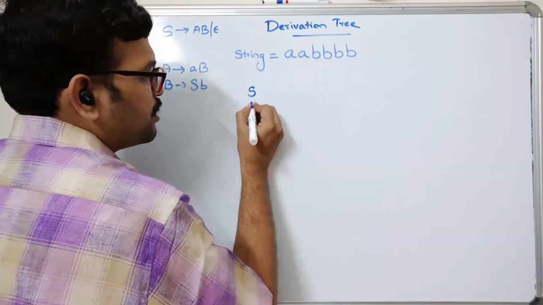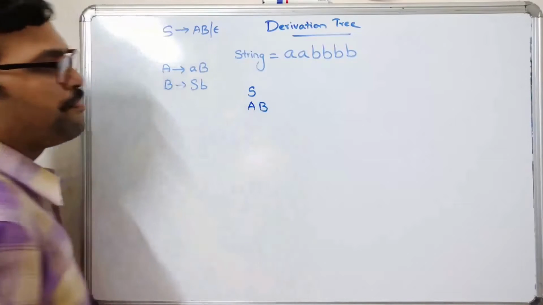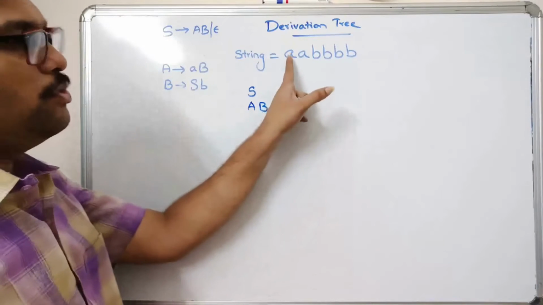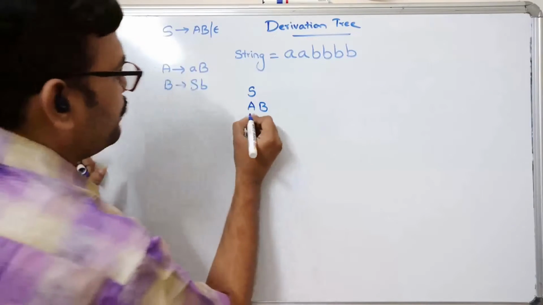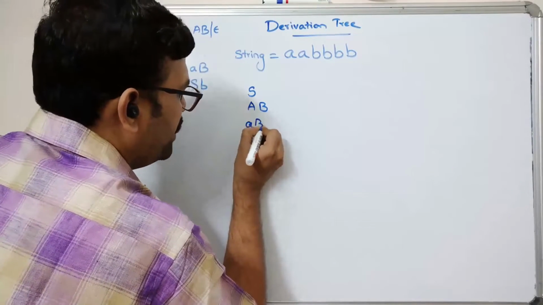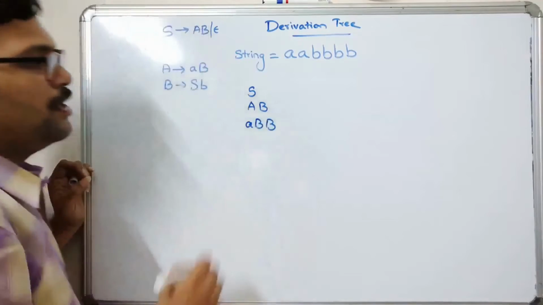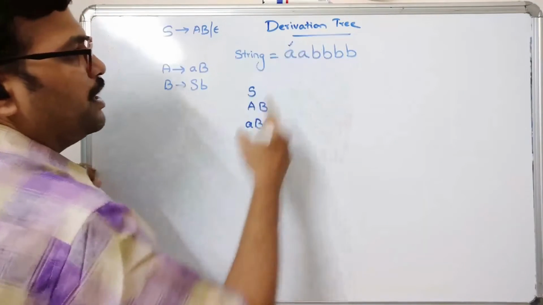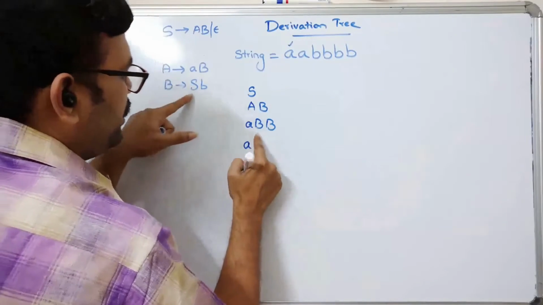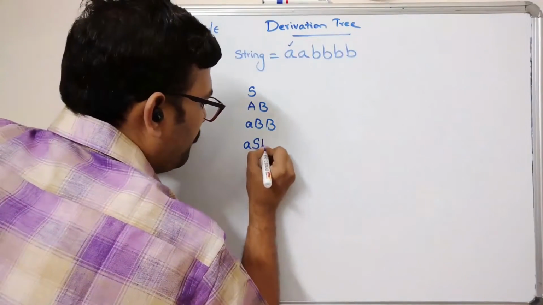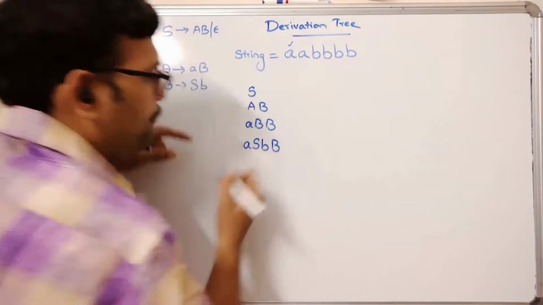So I will just write A, B. Now first we need to get the terminal a. In order to get the terminal, A can be derived as A, B, B. This was achieved. And again we need to get a, so here you just write S, B and B.